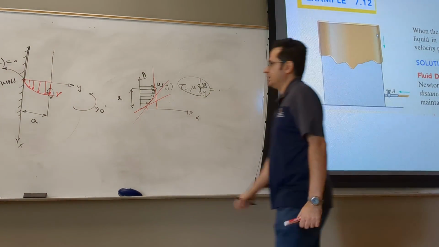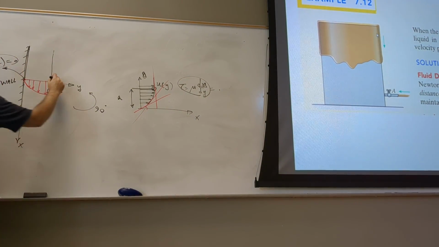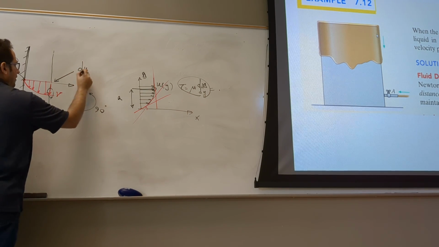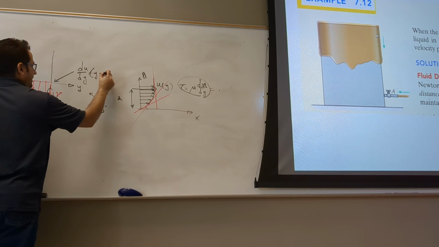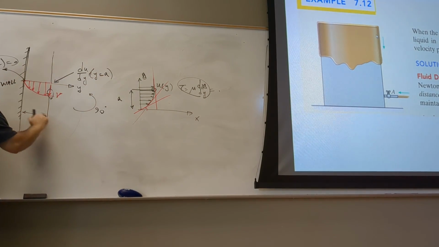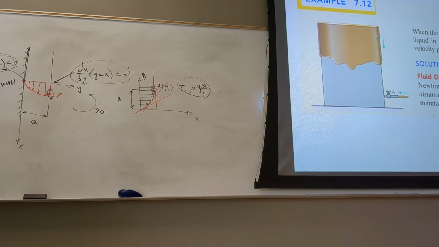So two boundary conditions. One, velocity is 0 at the wall. The other one, du/dy is 0 at y equals a. You see that?